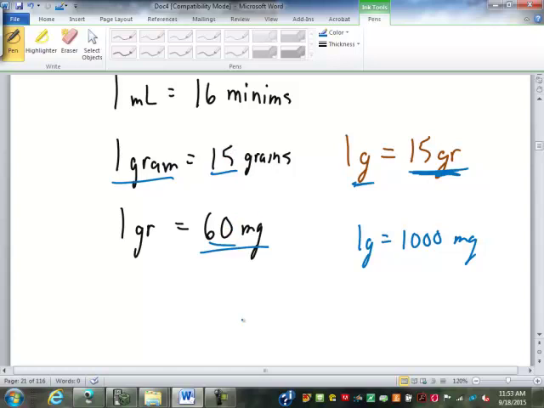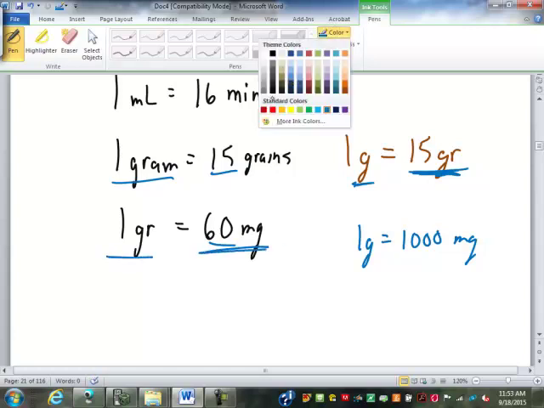But because the grains are used so frequently and they didn't want those odd numbers in the metric system, they rounded them off to be 15 grains in a gram and 60 milligrams in a grain. If you are looking at an older textbook or a textbook that has a very traditional author to it, or even working with an older doctor, they may not use 60 milligrams as a grain. They may use 62 or 63, depending on what they were taught. So just so you're aware that that's out there. For our purposes, 1 grain is 60 milligrams.